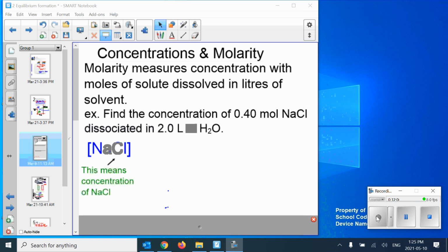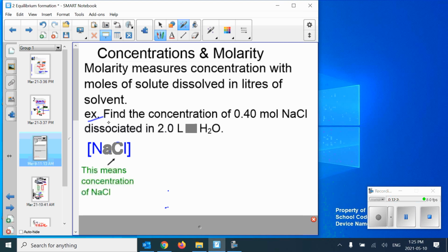Molarity measures concentration with moles of solute dissolved in liters of solution. So this would be like sodium chloride, table salt, dissolved into liters of water. In our class, you can assume if it doesn't say anything, it's always dissolved in water for calculations, unless they tell you.